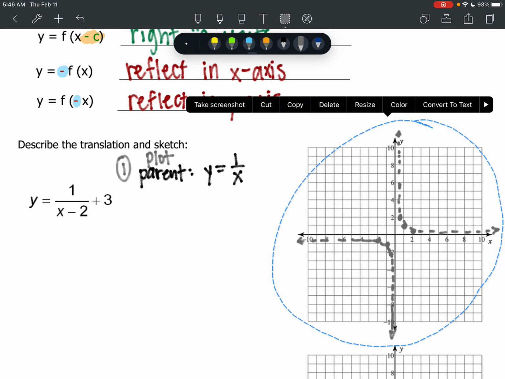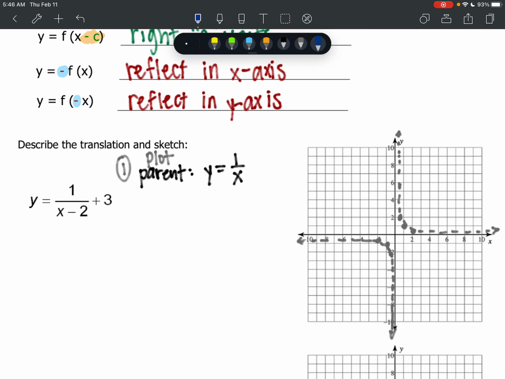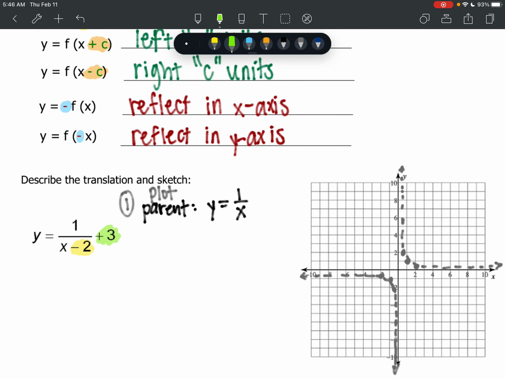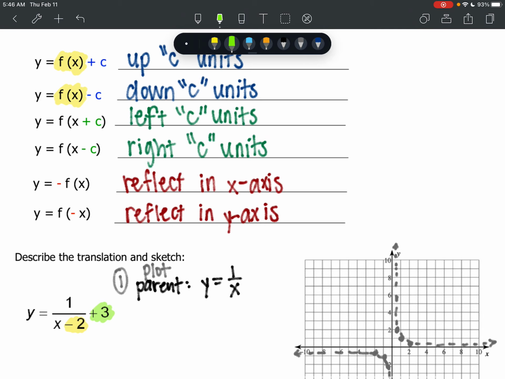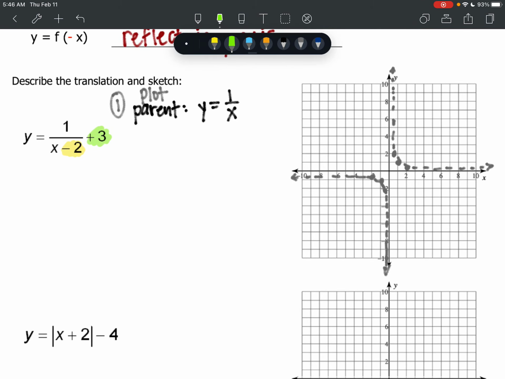So we just have to decide what's the translation. We've got this subtract 2 inside the function, and we've got an add 3 outside the function. I'm going to remove these highlights because I don't want you to think that I'm color coding with what I highlighted above. So the subtract 2 inside means right 2.